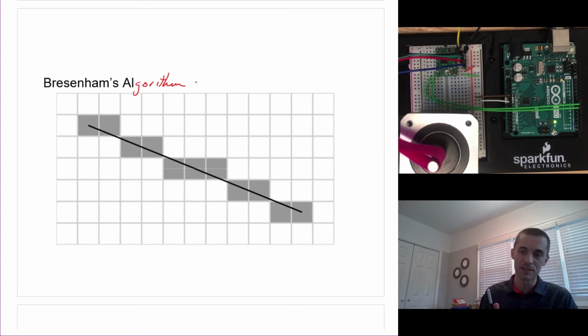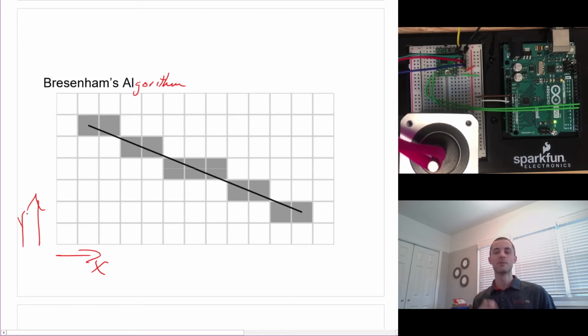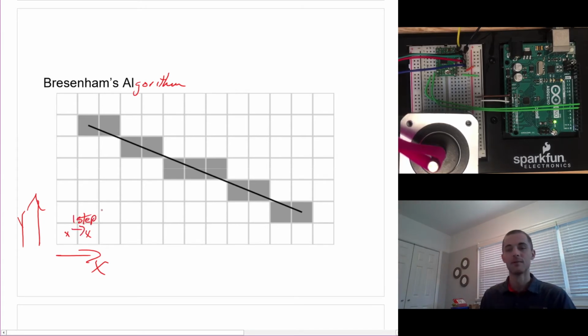And if you think about it, it's incredibly similar to what we have, right? Because we have stepper motors that are able to only move in increments. They do not have a continuous spectrum of movement where they can move from anywhere along an axis, right? This moving from here to here would be one step, right?